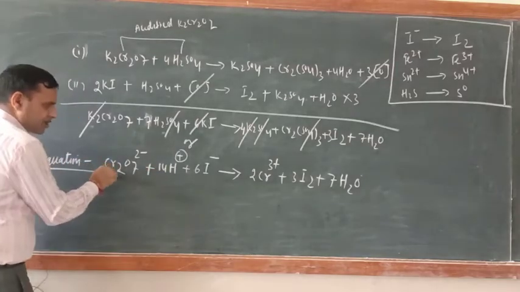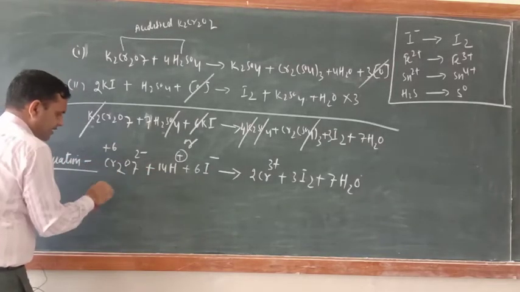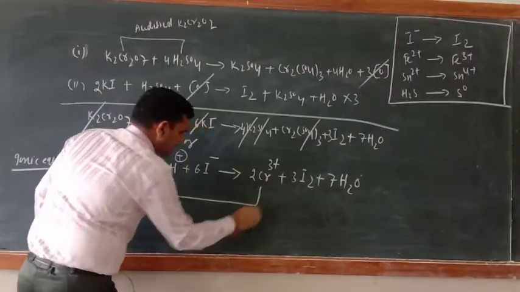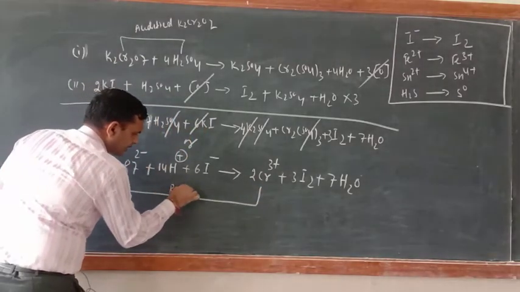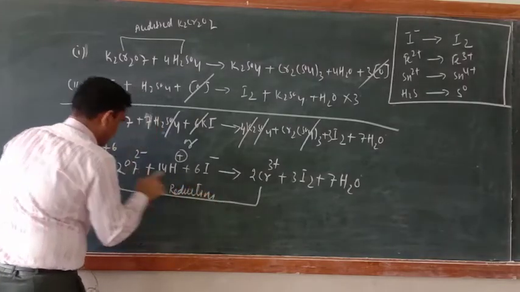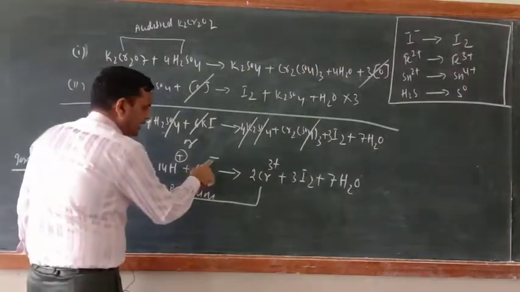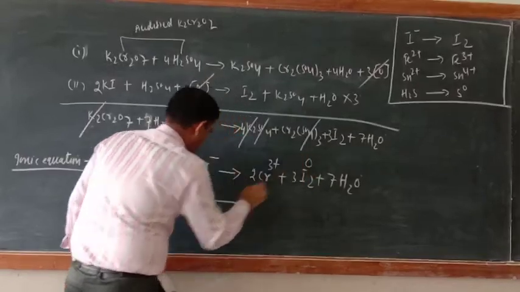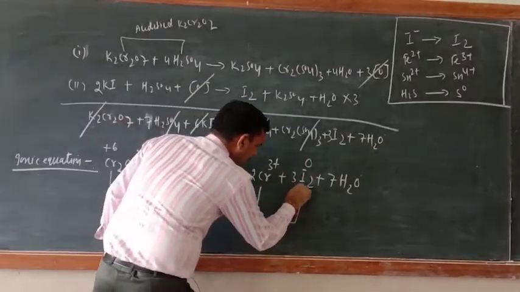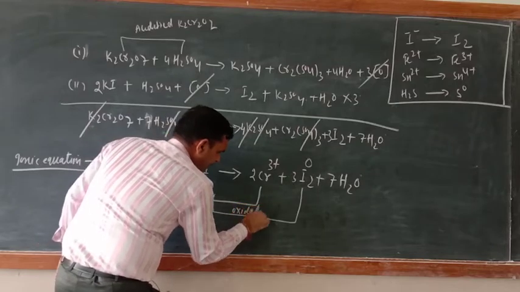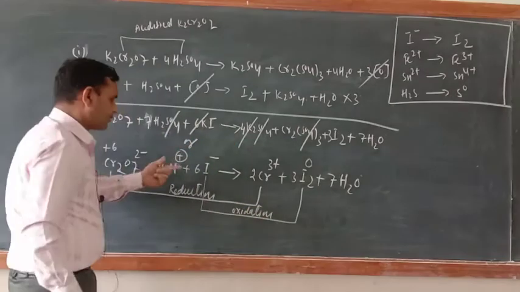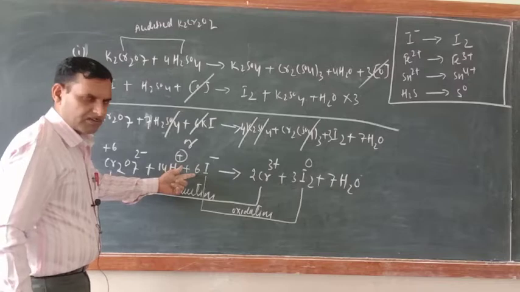Now just see, here what is the oxidation state of chromium? Plus 6. So plus 6 to plus 3. This is undergoing reduction, hence oxidizing agent. Now I is single negative, but I is here 0. So I negative to I 0, this is oxidation.